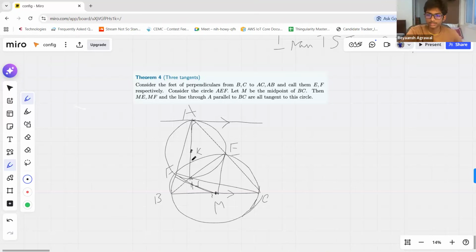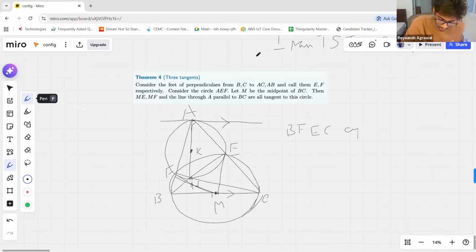So that finishes by tangent chord. So we get that trivially, the tangent through A is parallel to BC. We got that already.